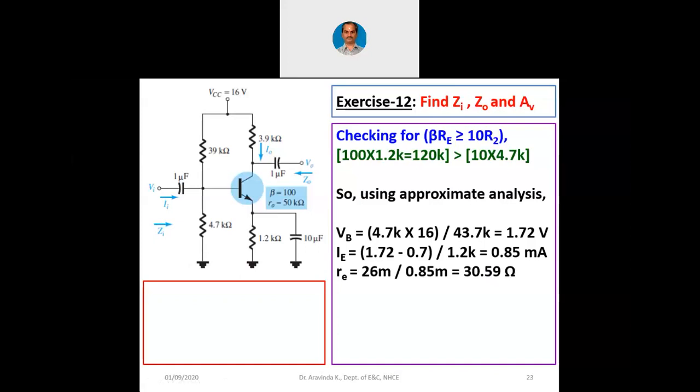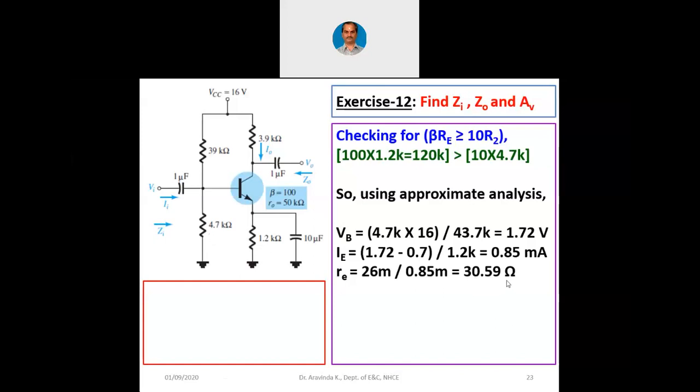We can easily find out the input impedance, which is nothing but R1 parallel with R2 parallel with beta into re. Now, students, can you quickly tell me the answer for Zi? Quickly calculate R1 parallel with R2 parallel with beta re.